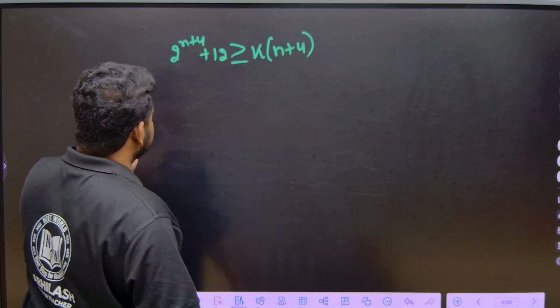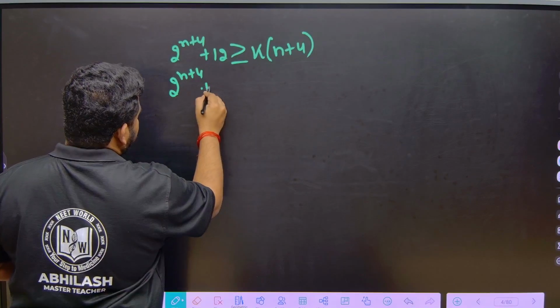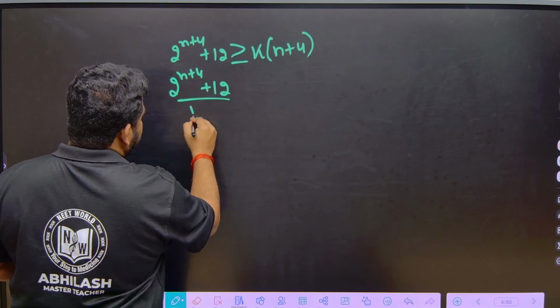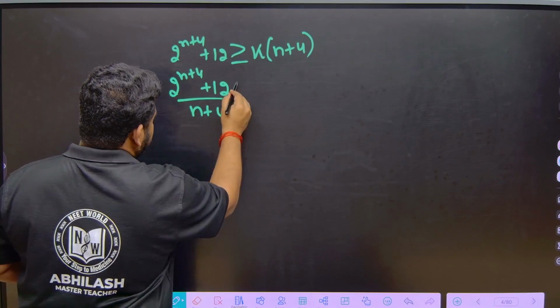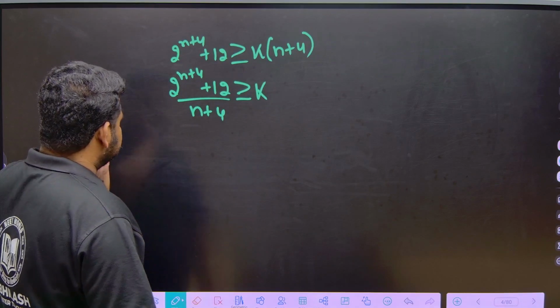So, this can be written as 2 to the power of n plus 4 plus 12 by n plus 4 is greater than or equal to k.